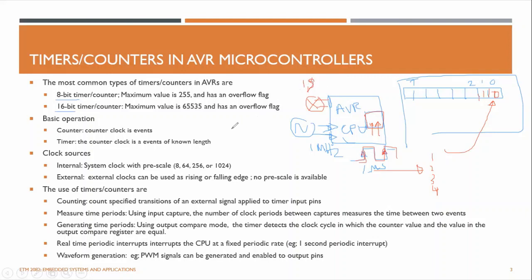So the CPU has to be busy without doing anything, right? When you go to this delay function, whatever the delay that you assign, the CPU comes to this function and it will stay here.